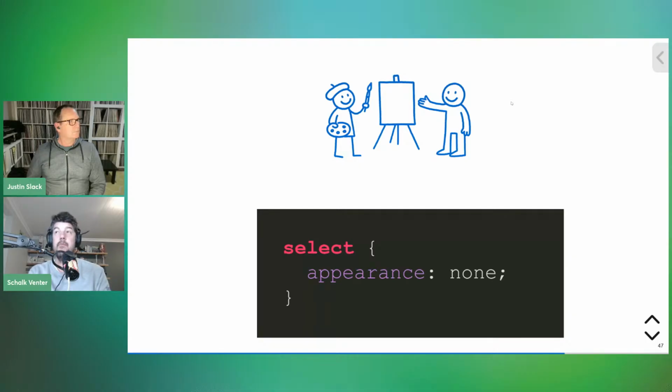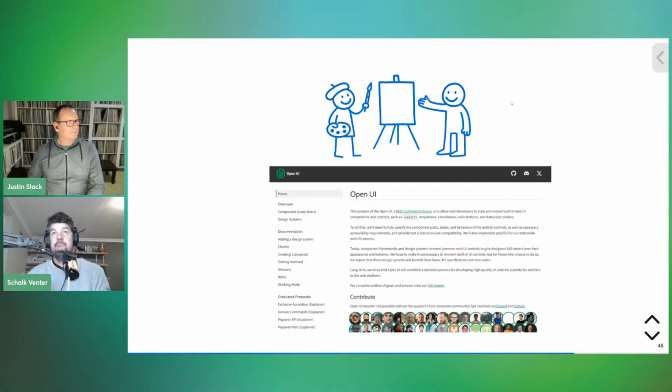Maybe you don't allow people to style a heading so that it looks like a select element, or style a select element so that it looks like an image, or who knows what. But within the parameters of these semantic elements, there are some hooks that can be exposed for people to hook in their own styles. And this is mostly thanks to the work done by this Open UI group.